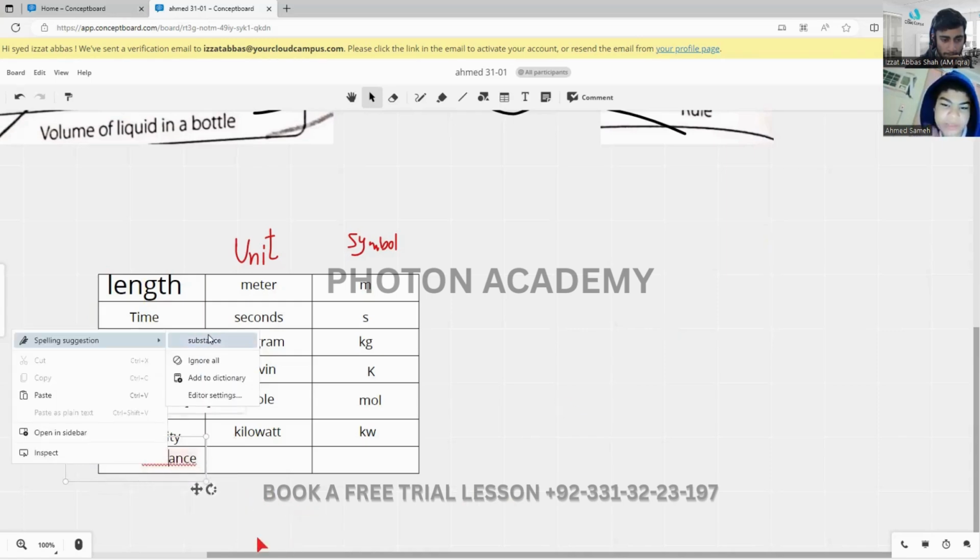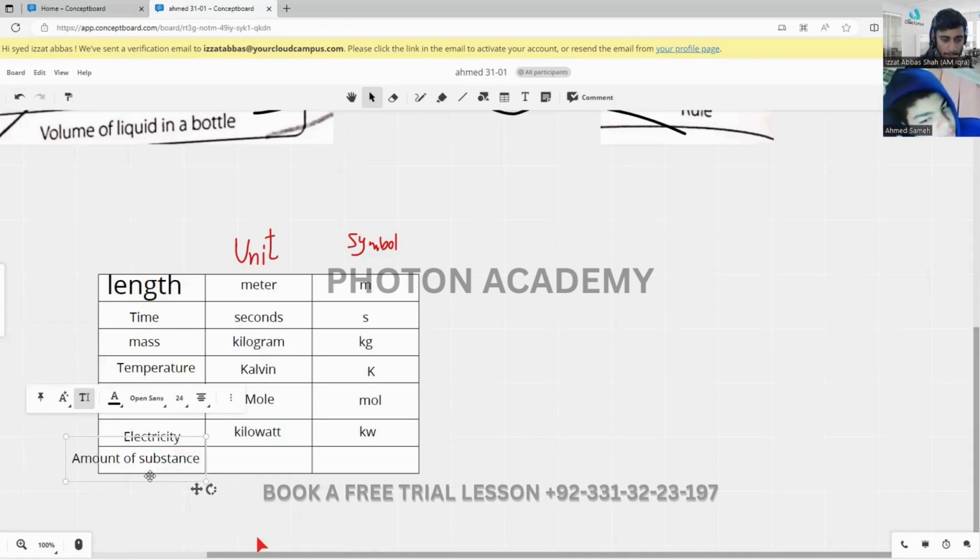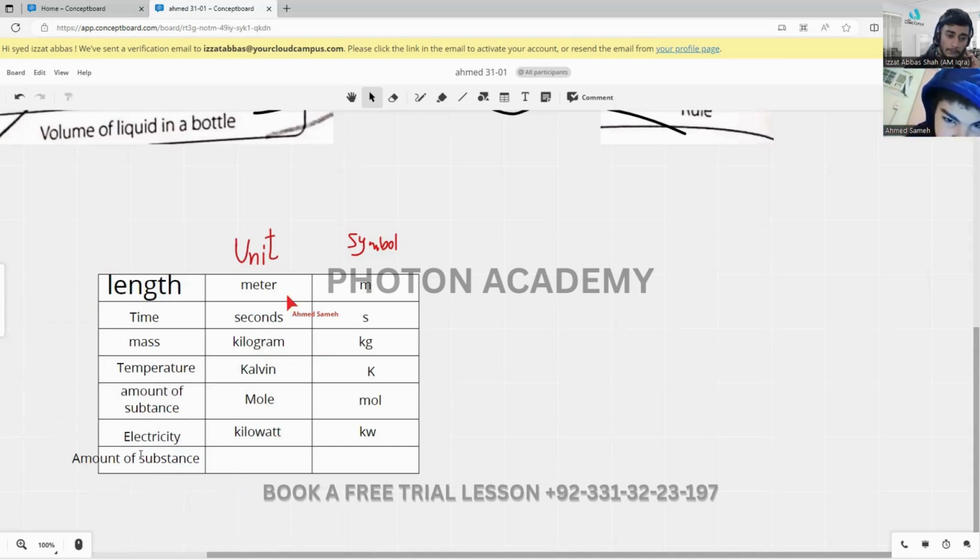So you wrote about amount of substance again. Yes, amount of substance. Unit of amount of substance is, no, this was already mentioned there. I just said light type here. The intensity of light is the seventh one.